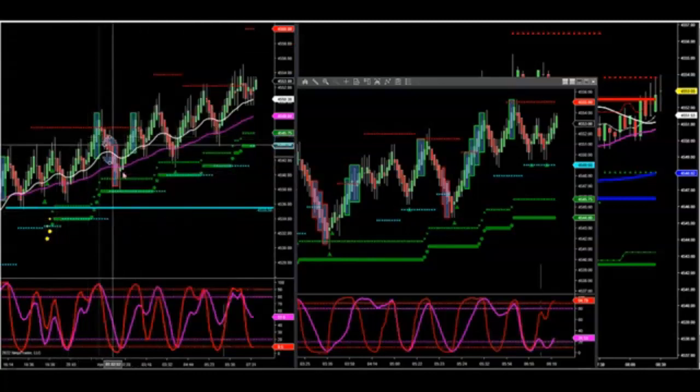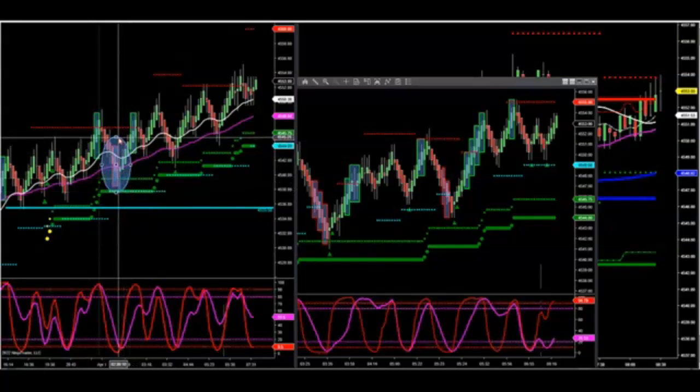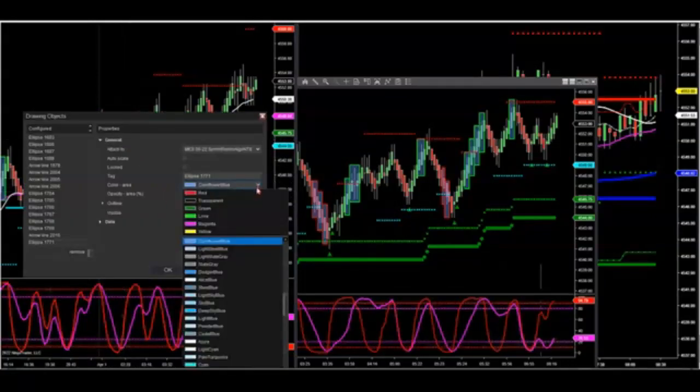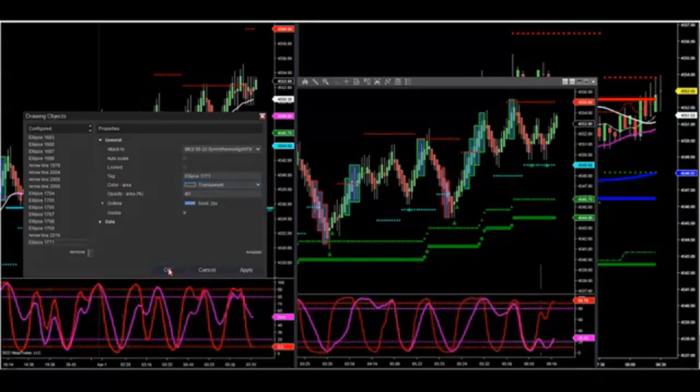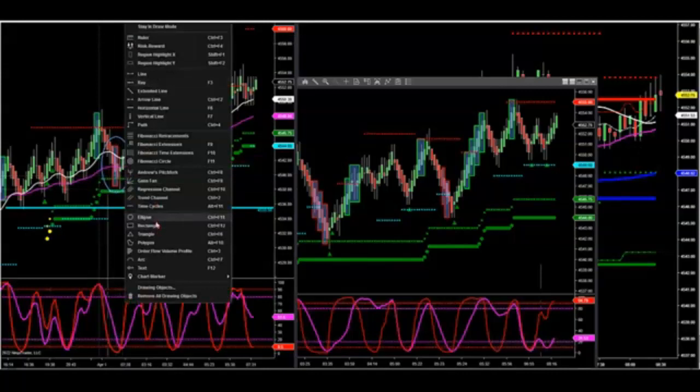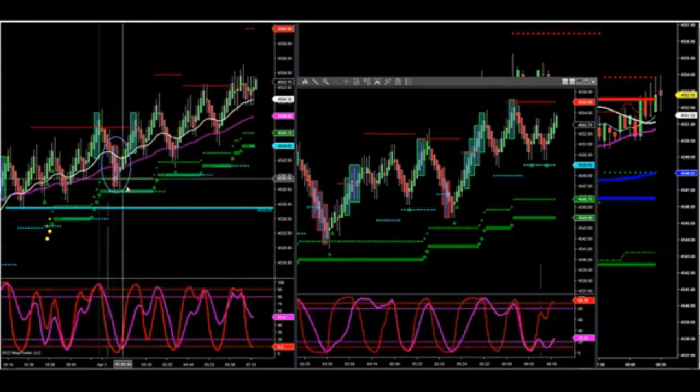And then you look for opposite color speed bars. So if you have green ATR, you look for a red speed bar. So we want to try to capture the reversal right at that zone. So that is your zone at this level to look for a long, right there.